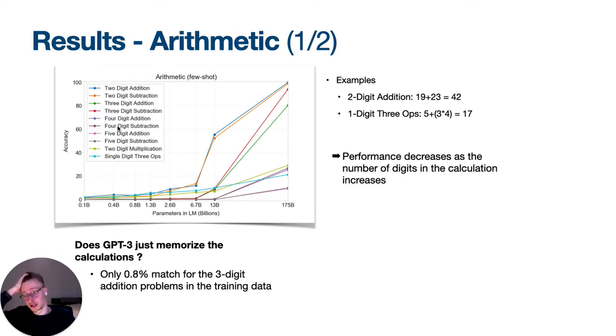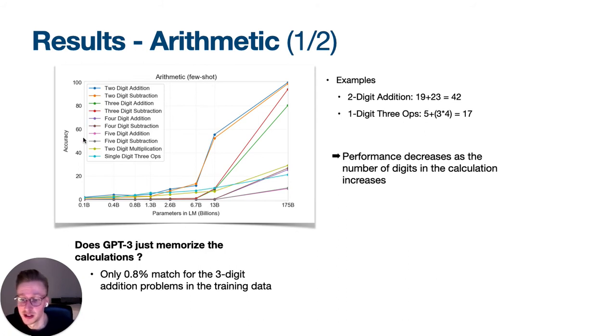Next up, we get to the tasks that they tested it on that were especially designed for GPT-3, where the model has to find novel patterns that are unlikely to have occurred in the training data. And one task here focuses on arithmetic. So basically, no one taught the model how to do arithmetic.